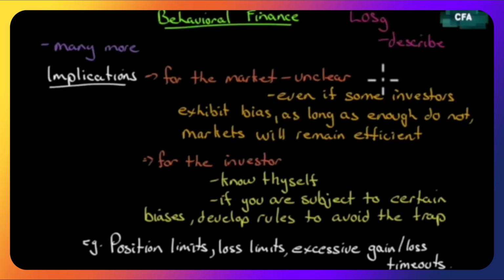Okay, let's take behavioral finance at its word that people aren't rational and there are biases that affect their decision making. What does it mean? Well, for the market, it's unclear. And the conclusion is, even if some investors exhibit a bias, as long as enough do not, markets will remain efficient. And there is a lot of literature on equilibrium in systems, or stasis.